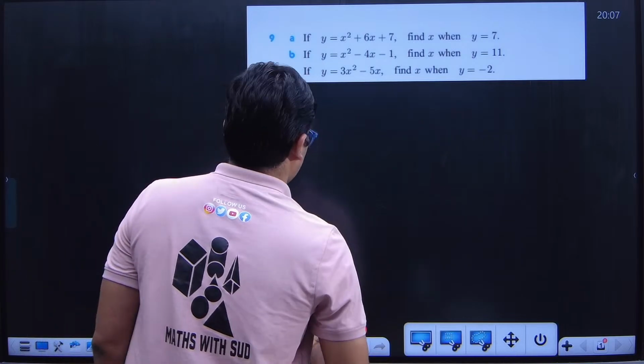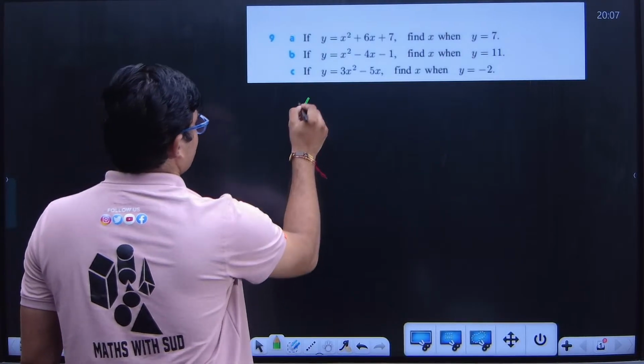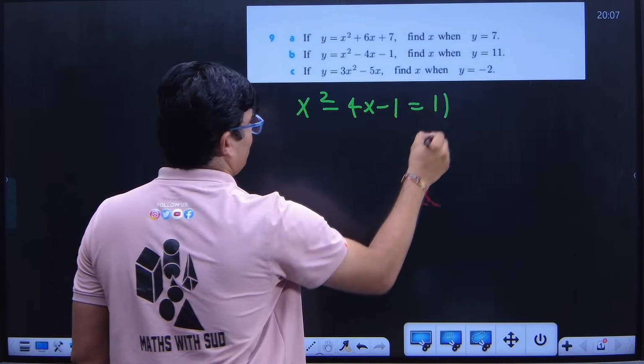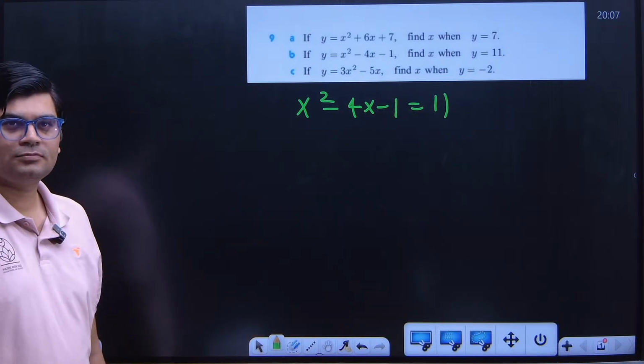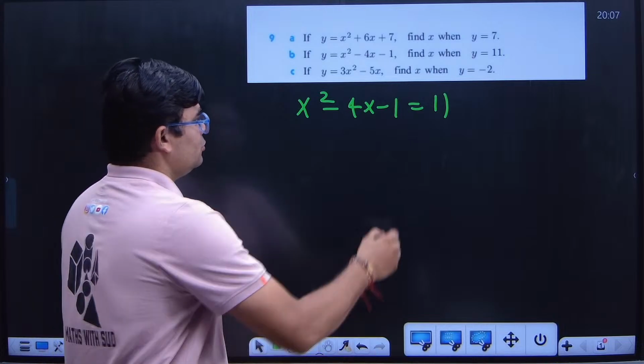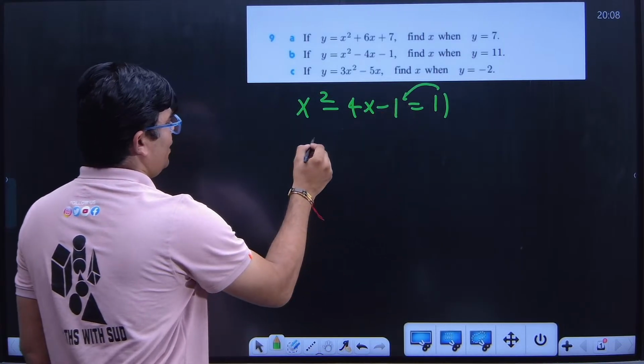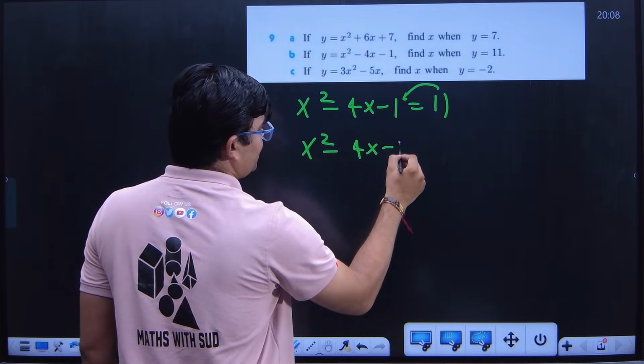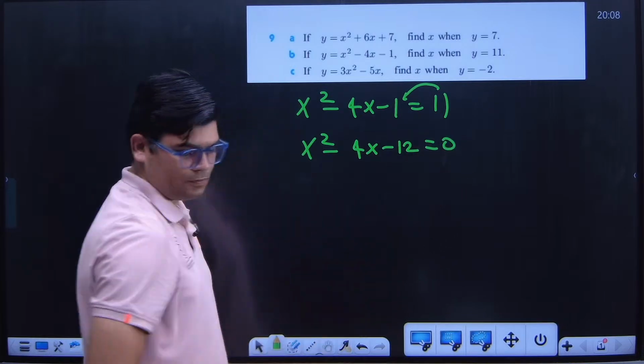In the next question, the question is x square minus 4x minus 1 is equal to 11. So when you bring 11 on this side, you will have x square minus 4x minus 12 is equal to 0.